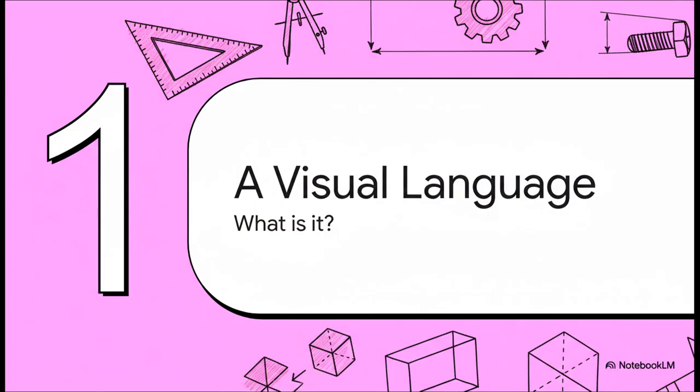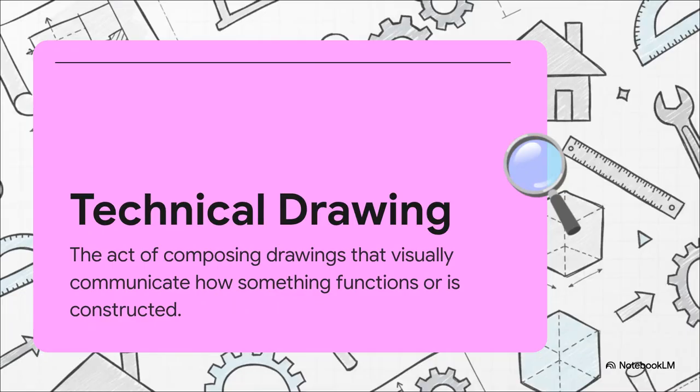Okay, so if we're going to call this a language, then what are the rules? What's its grammar? Let's start with a really clear definition of what we're talking about. So at its core, it's all about visual communication. But this isn't just any communication. We're talking about conveying super precise, essential information for industry, for engineering, and leaving absolutely zero room for error.